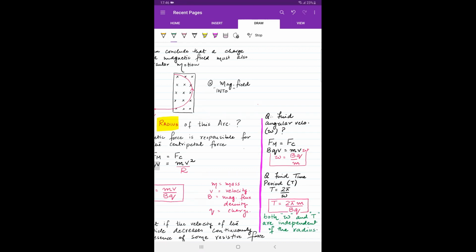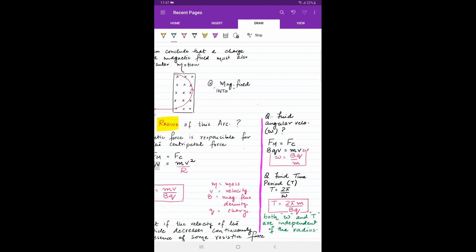So the time period as well as omega do not depend on the radius of the circular path. So whether the radius is larger or smaller, the time period and the angular velocity omega will remain the same.